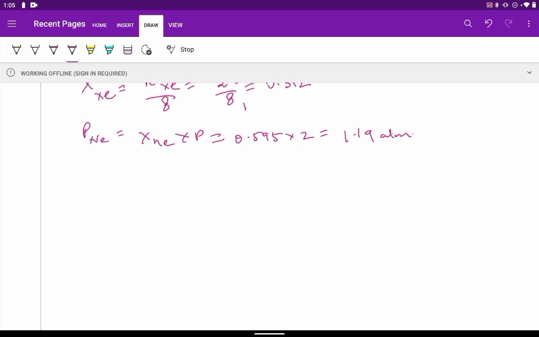Similarly for argon, that will be mole fraction of argon into total pressure, that is 0.093 into 2, that is equal to 0.186.